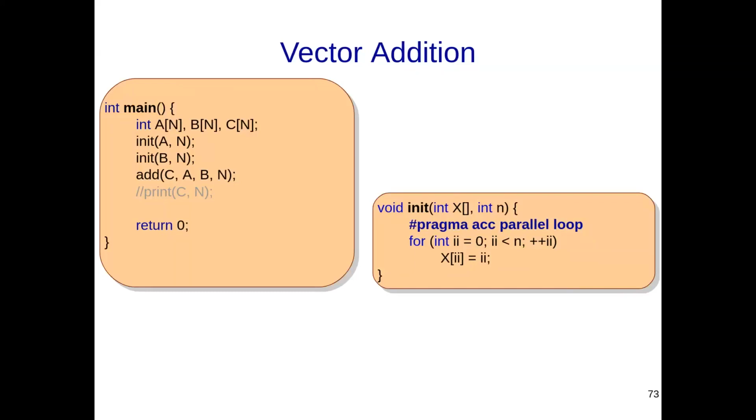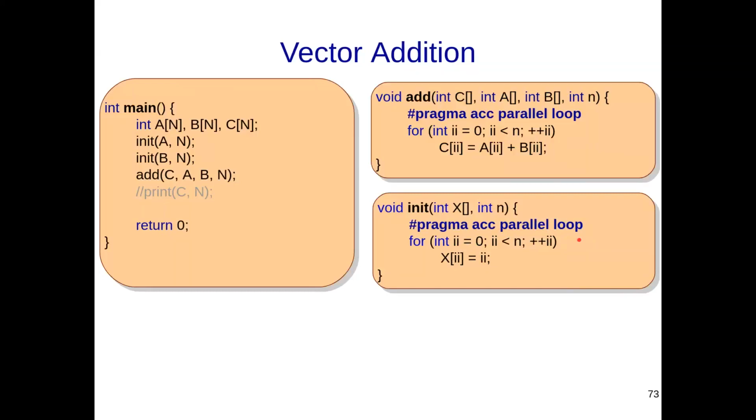Okay, so the add function, and you must be thinking that it should look very similar to the init function, in the sense that there will be a for loop going from 0 to n, and then there will be a statement which just says C of i equal to A of i plus B of i. And as far as the pragma is concerned, that is again going to be exactly the same as in the init function. So this seems a very nicely, naturally parallelized program for vector addition.